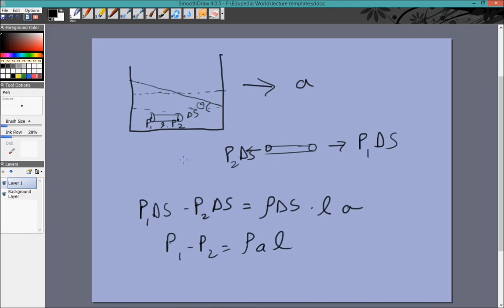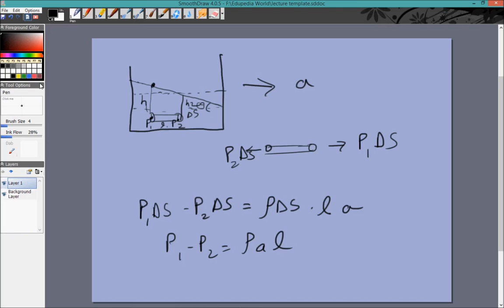Now what we needed to do was find out this tan theta. So we can take these two heights as H1 and H2. What is P1? P1 is the pressure at this point plus H1 rho g. That is still valid because there is no acceleration in the vertical direction.